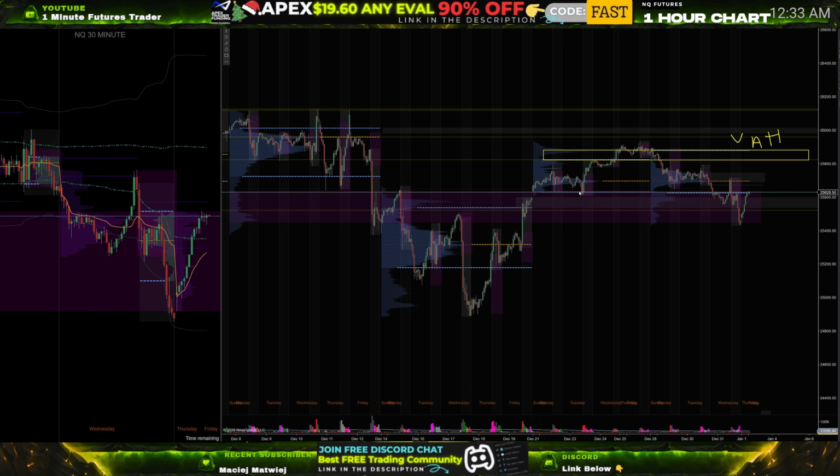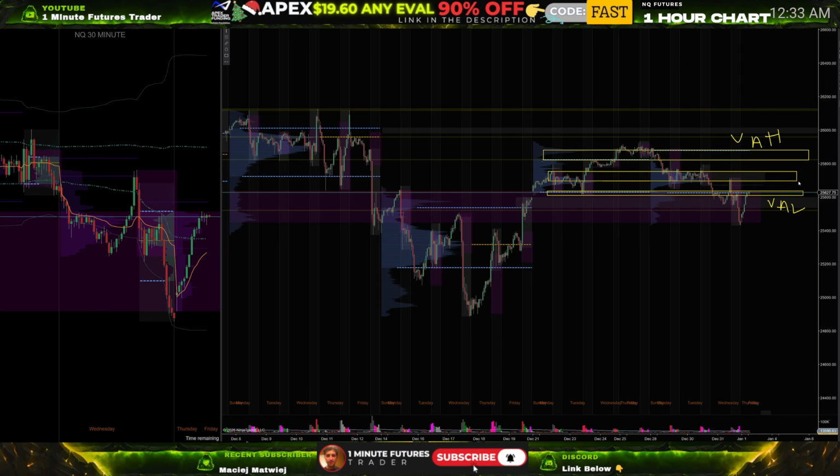At the bottom, we can go from here to here, and we can label this value area low. And the center line, where most of the price action went sideways, that yellow line, we can call this point of control. So pretty much this is for the 2 weeks of price action, and price went sideways on these 2 weeks.